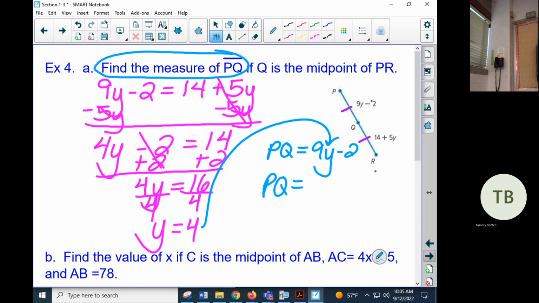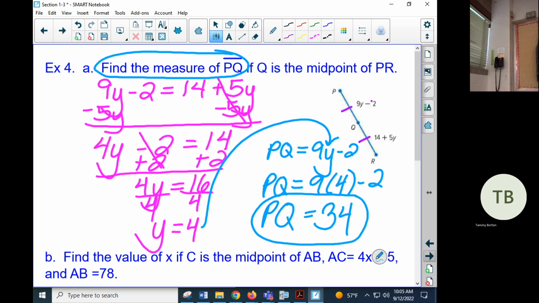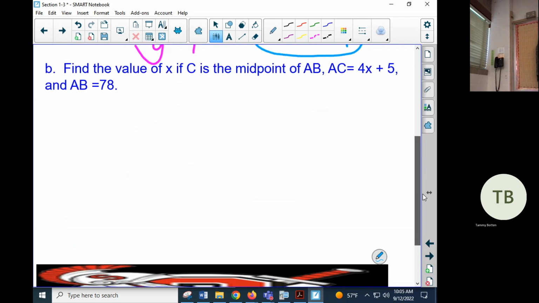What's 9 times 4 minus 2? 34, very good. So like if you did this problem on the quiz, I think I said this, that every question on the quiz is 2 points. So if you did it and you got to this point, you would get half credit. So you have to remember to look up here and make sure that you put it back. Okay. All right, one more like this.